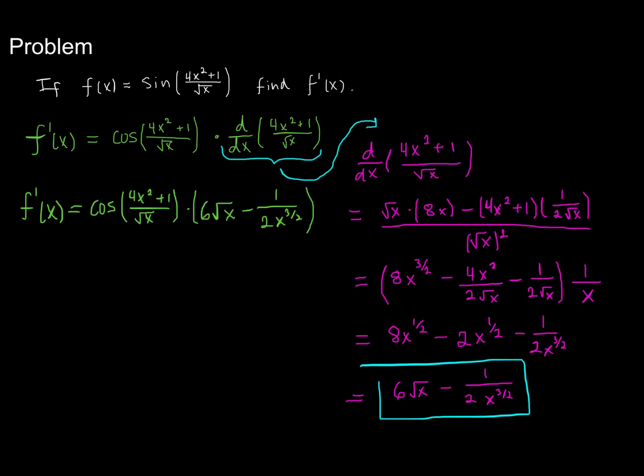Okay. And I can leave it in this form. Certainly I could multiply and distribute the cosine in, but notice that that's not really going to help me. That's just going to mean I'd have to evaluate cosine one more time, and that's not actually a more simplified version. You could combine these two expressions here by finding a common denominator, and you certainly can do that if you want, but that's really the only simplification that I might make.